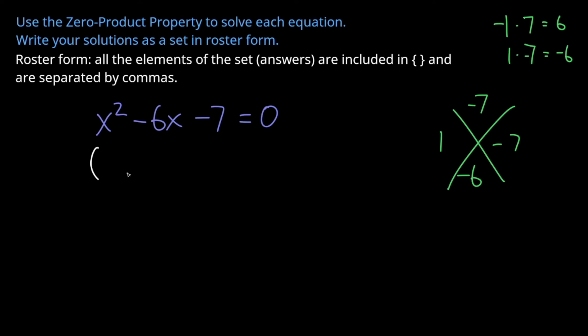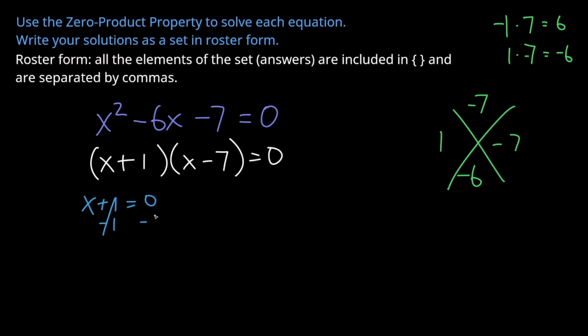So we can go ahead and set this up. X plus 1, x minus 7 equals 0. Use the zero product property. X plus 1 equals 0. Get it by itself. X equals -1.